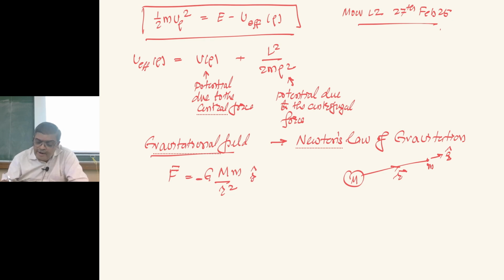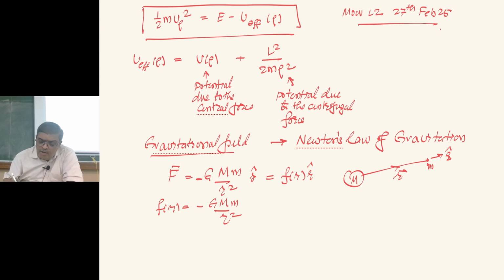So you can see that this is indeed of the form f of r times r hat, which is the definition of a central force. So the gravitational force is a central force. Where my f of r is equal to minus G M m divided by r squared. There is a minus sign here which tells you that the force is attractive.